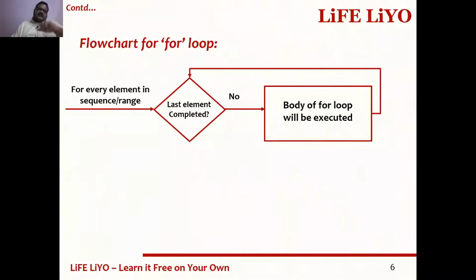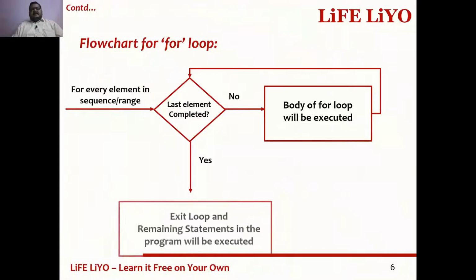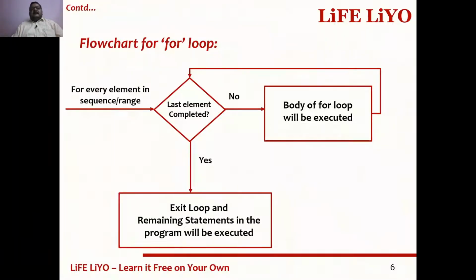Then again, same thing. Last element completed in the sequence or range? No. Body of the for loop will be executed. Like that it will continue until the last element is completed. Whenever all the elements have been completed successfully, yes, then it exits the loop and the remaining statements in the program will be executed. This is the flowchart for loop.